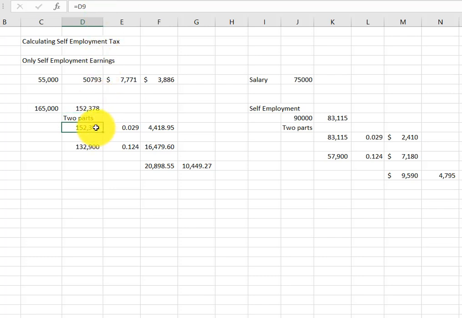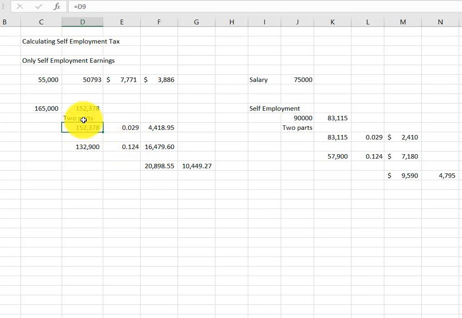But if you're over a threshold, in this case, after you multiply, you're over the 132,900, and that threshold changes every year. Then you have to do your self-employment tax in two parts: the Medicare part and the Social Security part, because the limit only applies to the Social Security part.